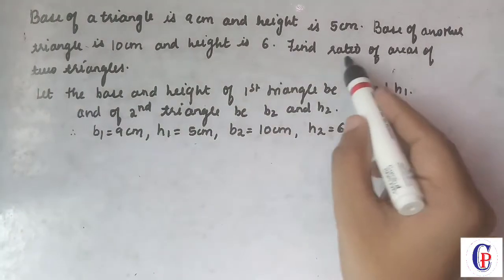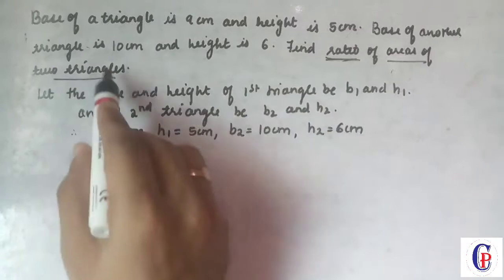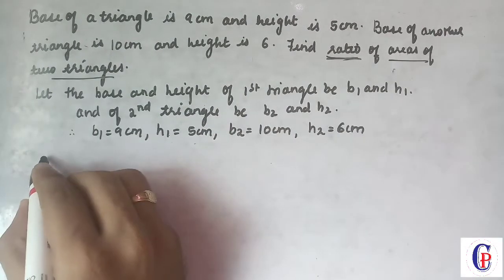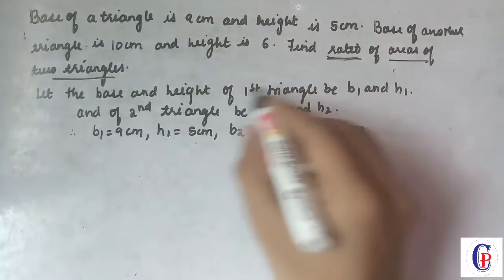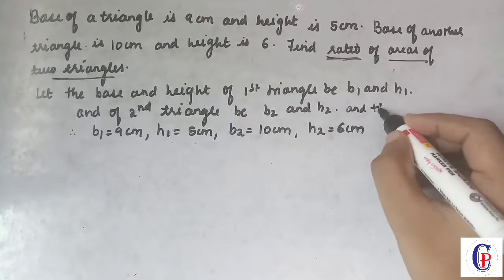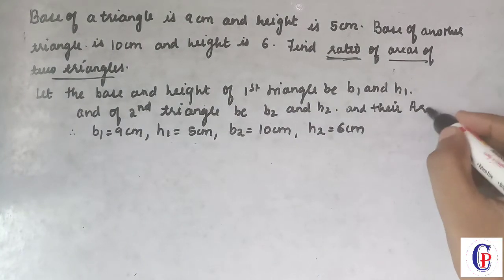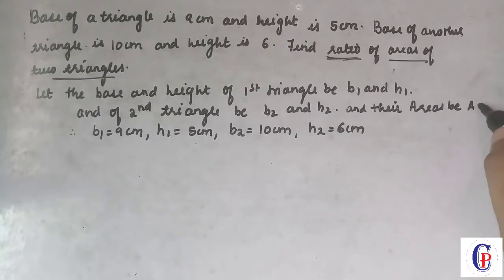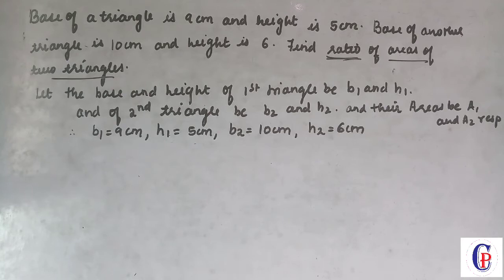Now we need to find the ratio of areas of the two triangles. Let their areas be A1 and A2 respectively, meaning the first triangle's area is A1 and the second triangle's area is A2.